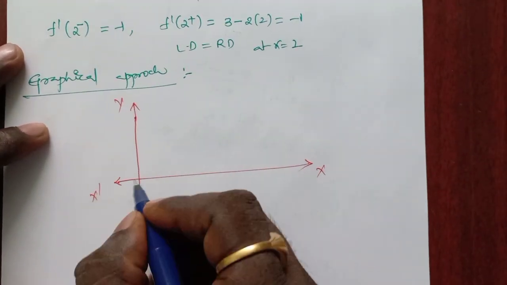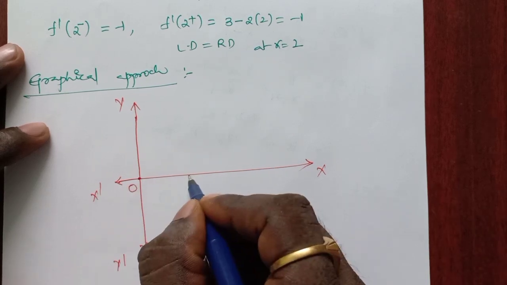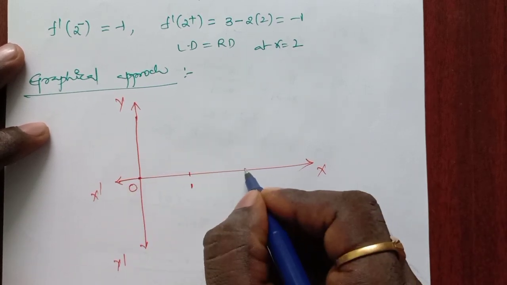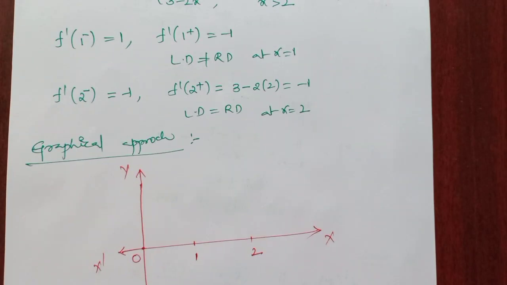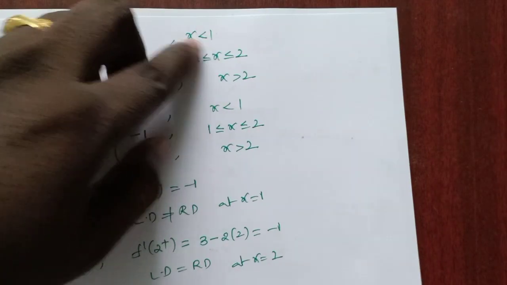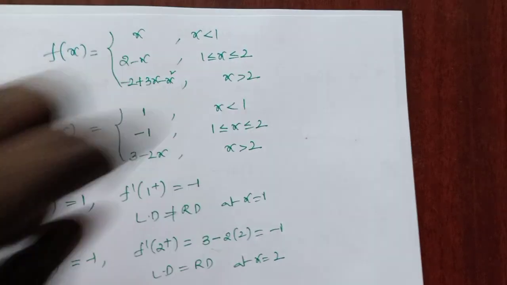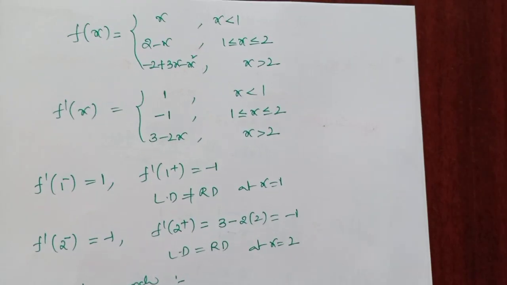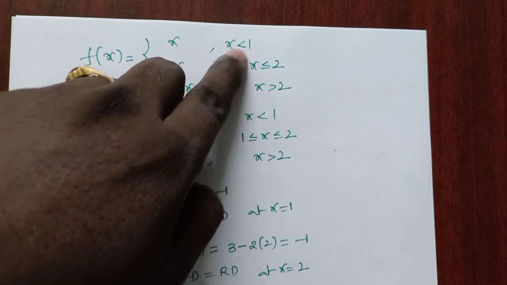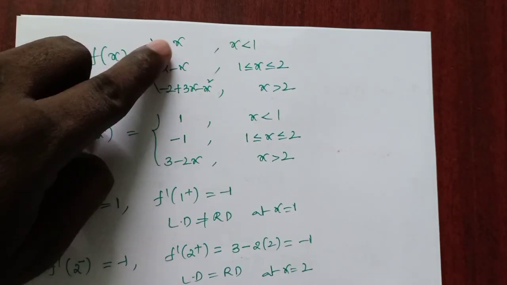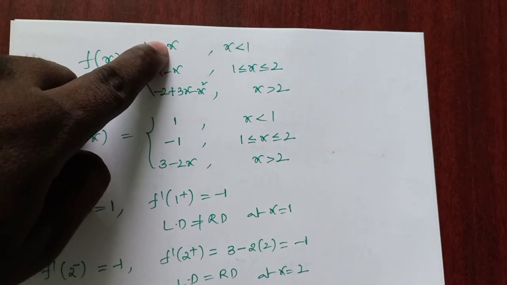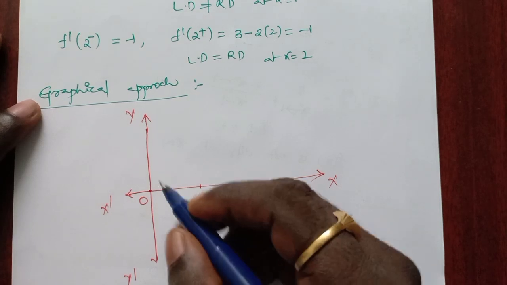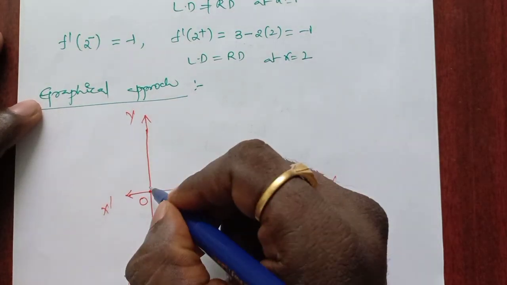Now in the region x less than 1, clearly the function is x, which means y equal to x, which always passes through the origin. So at x equal to 1, it is 1.